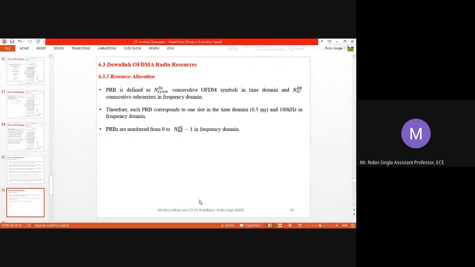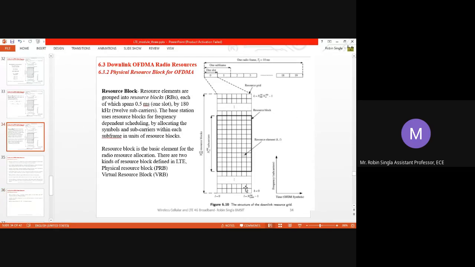Now, PRB is defined as N_symb^DL consecutive OFDM symbols in the time domain, where N_symb^DL is the total number of consecutive OFDM symbols, and N_RB^SC consecutive subcarriers in the frequency domain. It is the same as the physical resource block.